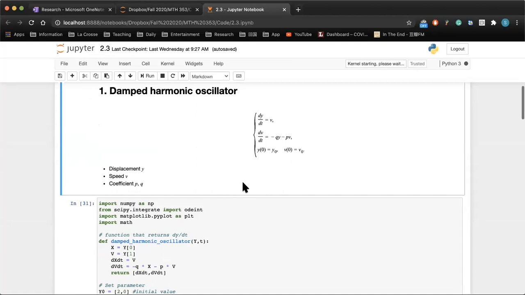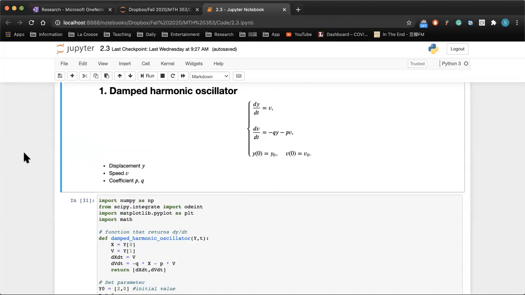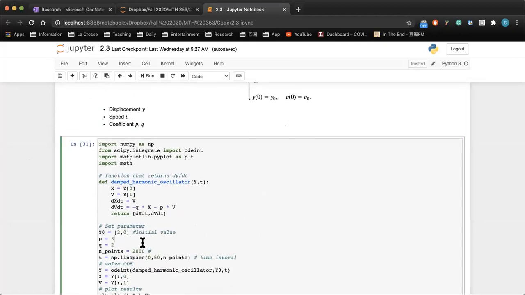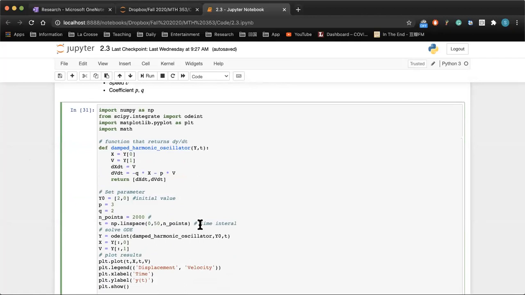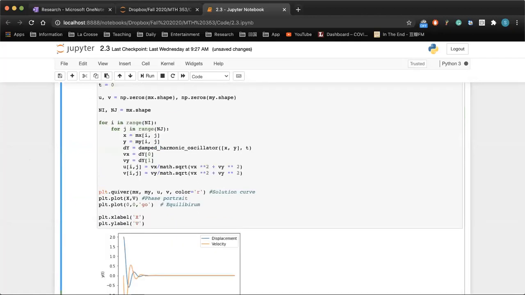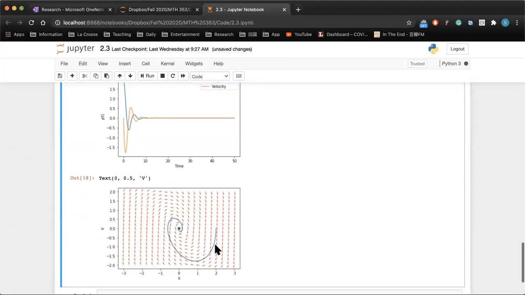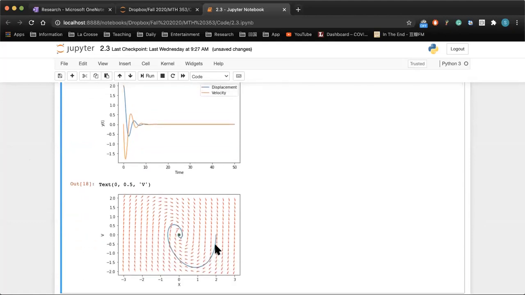Okay, this is what we just put there. I picked some random P and Q. Okay, P equals 3, Q equals 2. Now let's go ahead and solve it. Try to compare with what we had before.